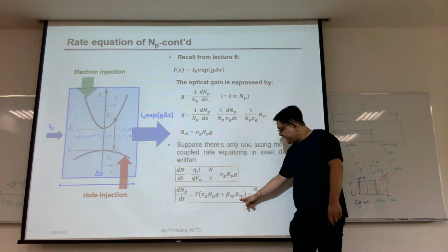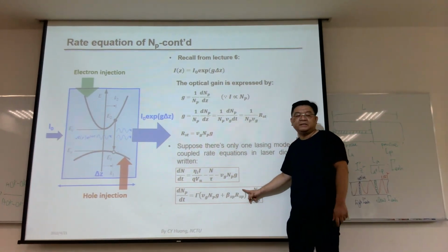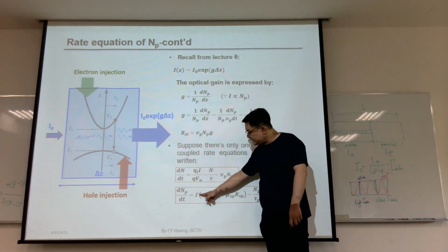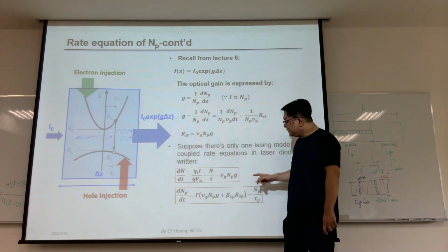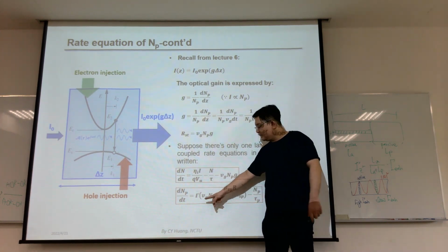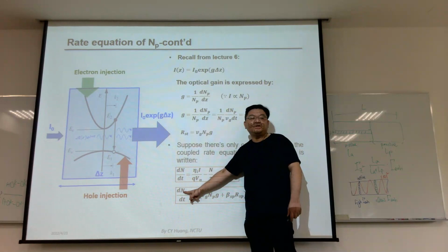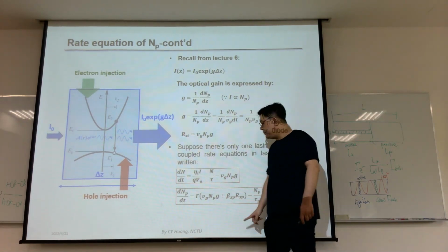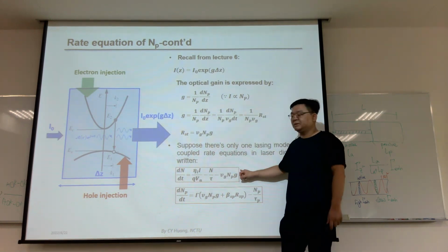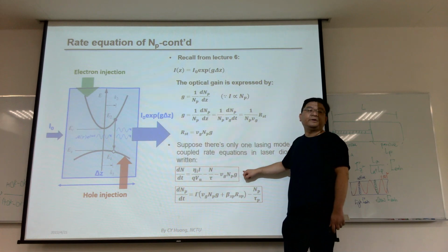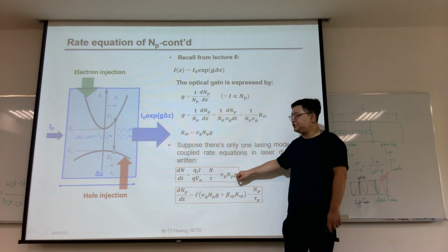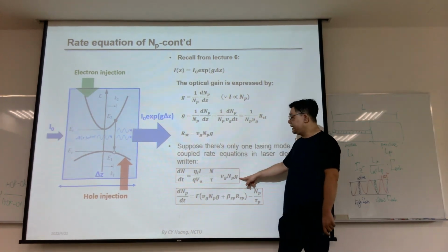This is beta times spontaneous emission times ISP, because we only consider a specific mode. Times, this is RST. So light-matter interaction will be a positive term for the photon because it generates photons, but a negative term for carriers because it will consume carriers. But that also depends on the sign of G. If G is positive, then it is a negative term for carriers.